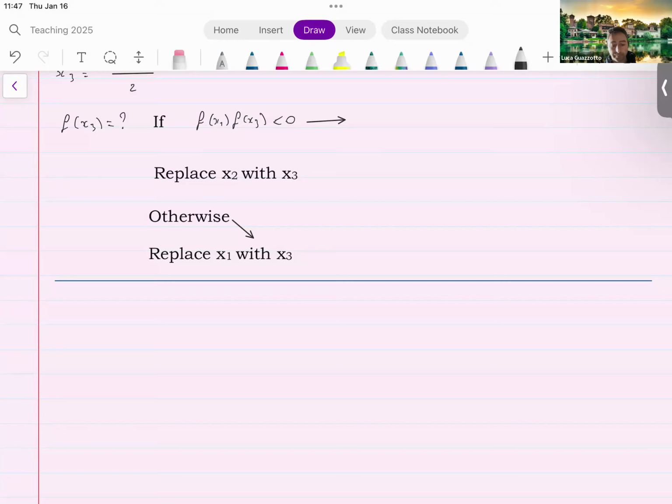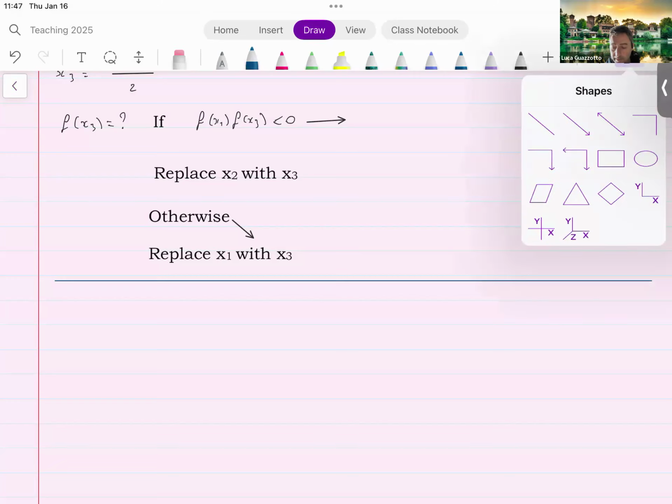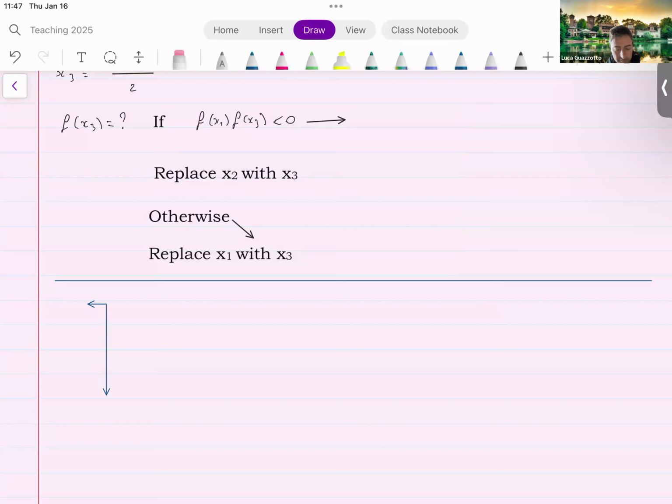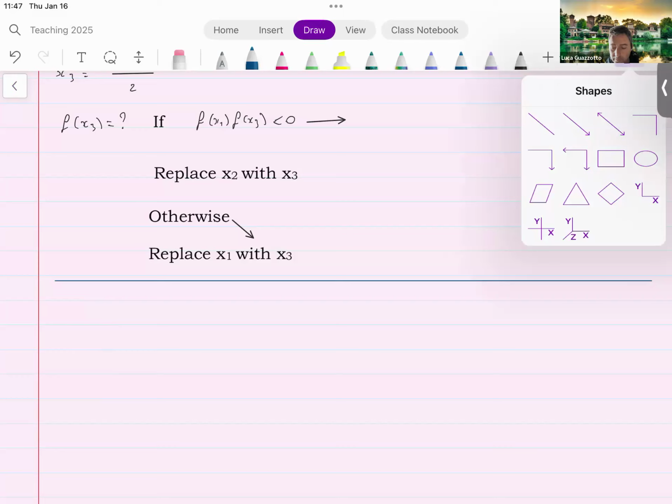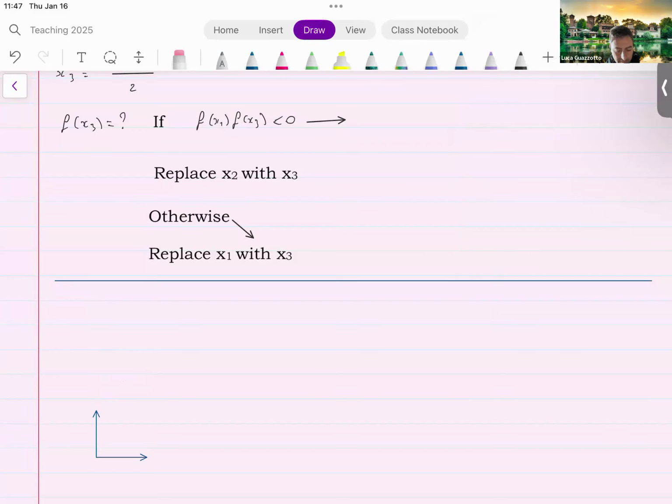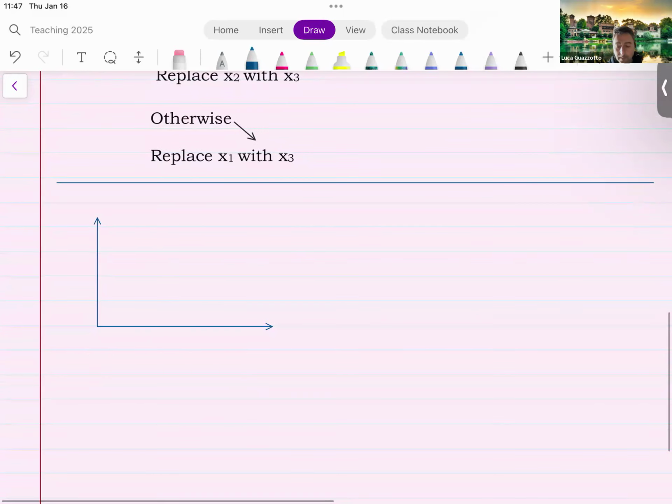One is, let's say you do your bracketing and you find... So I'm going to have f of x, and maybe my function does something like this.